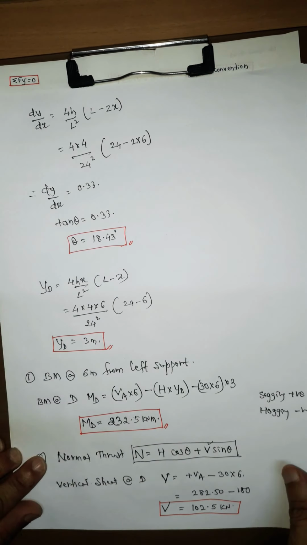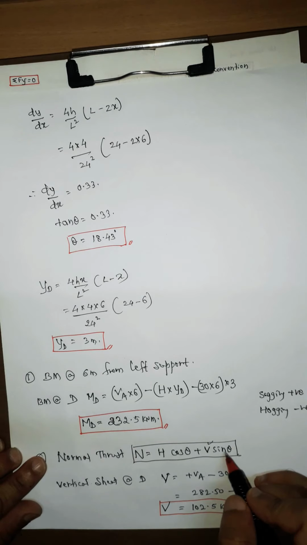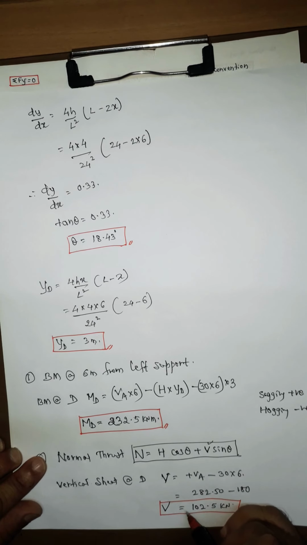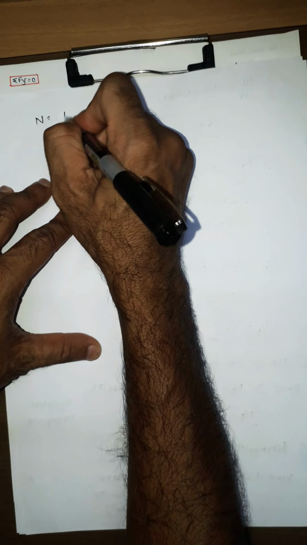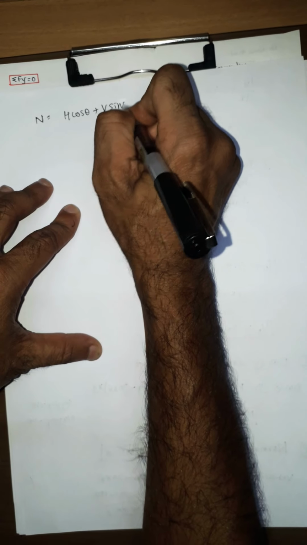Once you find out V, substitute this V here. Theta is known, H is known, and now V we have calculated. So let us find out normal thrust N. Normal thrust N is equal to H cos theta plus V sin theta.